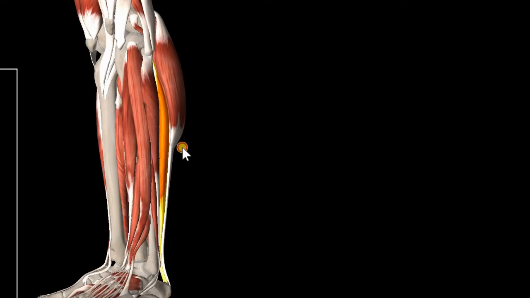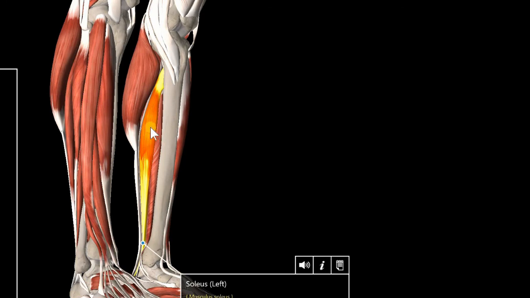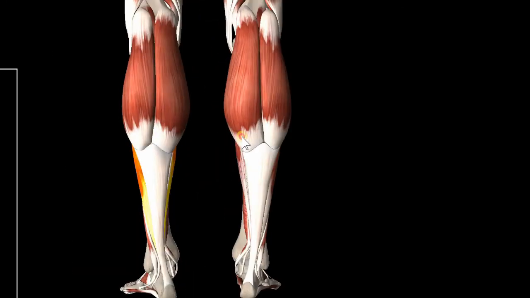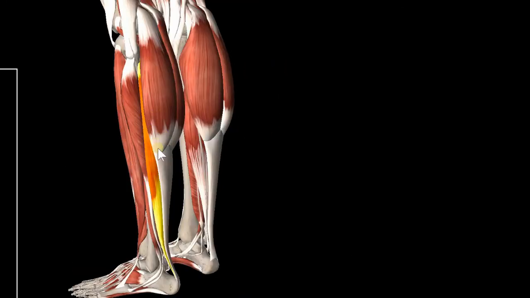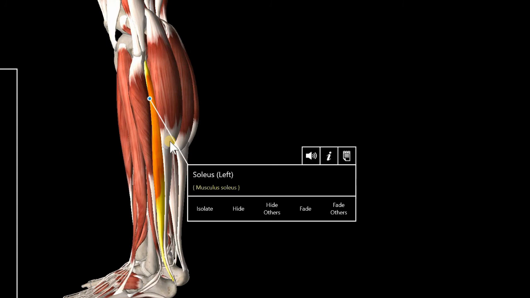Oftentimes misdiagnosed or confused with a gastroc injury, but really it's the soleus muscle. The test is really easy to figure it out, and the treatment is really easy. Now it's uncomfortable for the person to remove the adhesions and reset the muscle, but once you do, the results are phenomenal.